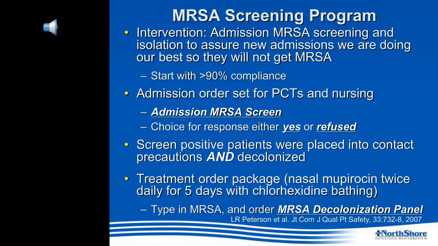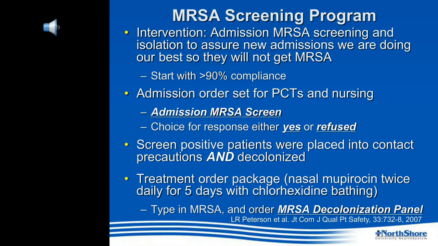So this was our MRSA screening program that we started August 1st of 2005. So we just passed our 10-year anniversary. And the intervention was to do active surveillance testing on admission. And the goal was to assure that new admissions that we were doing our best so that they would not get MRSA if they didn't already have it.